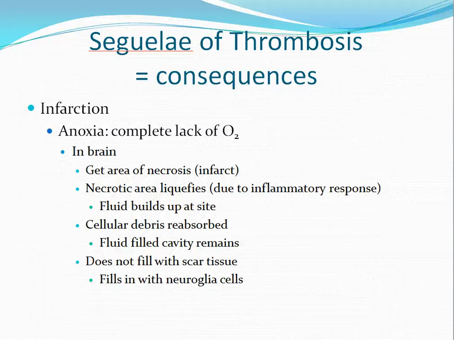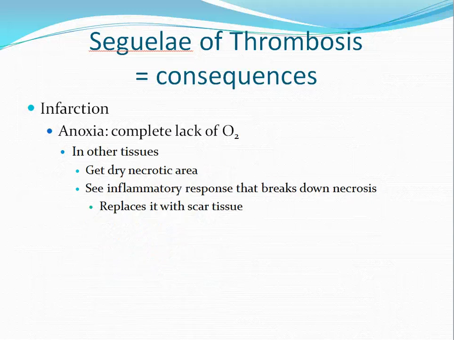This cavity does not fill with scar tissue because fibrosis is limited in the brain. Instead, it tends to fill with neuroglial cells. In other tissues, the result of anoxia will result in a dry necrotic area. You will see an inflammatory response that breaks down necrosis and replaces it with scar tissue.